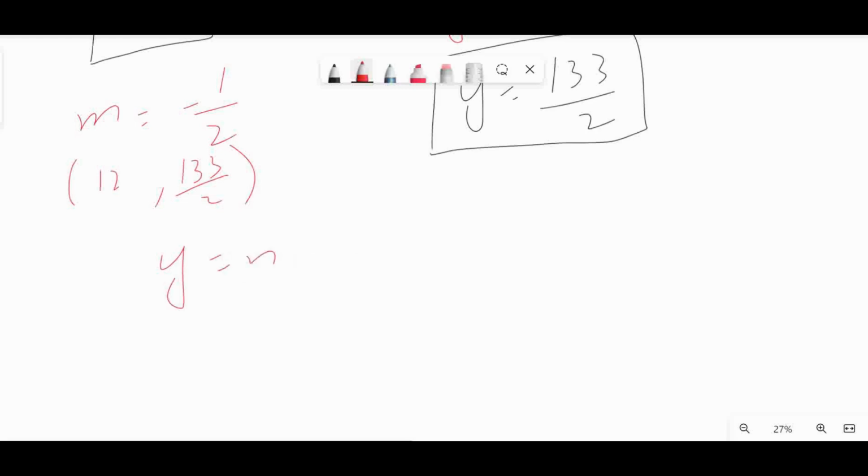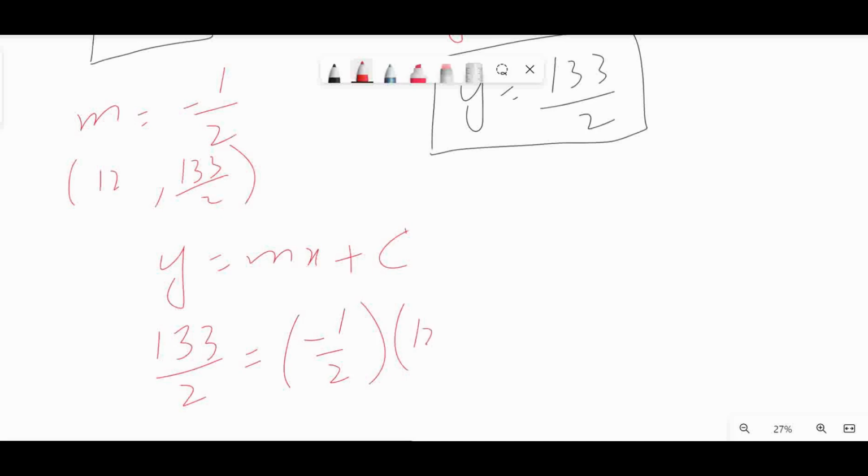We know the value of m, and we don't know the value of c. So for c, we simply put in the values of m and the point. Here the point is (12, 133 by 2), so y is 133 by 2 is equal to m, minus 1 by 2, and x is 12, plus c.